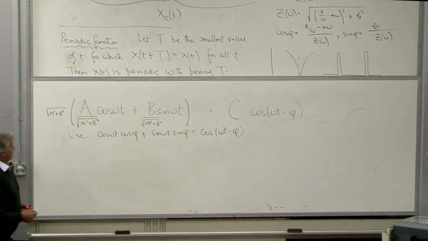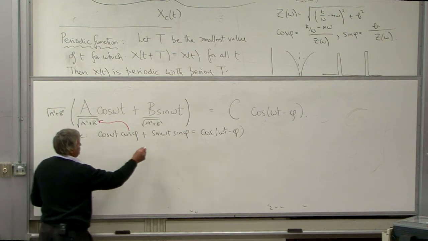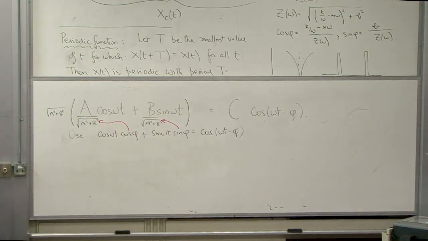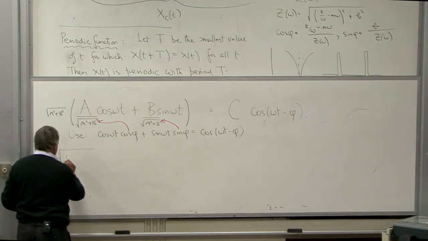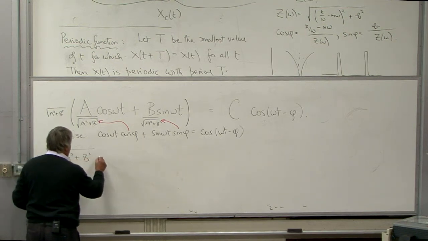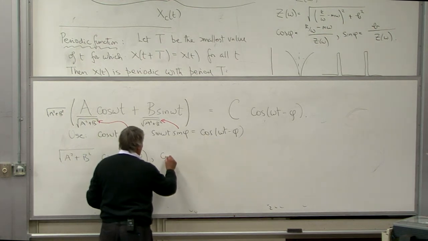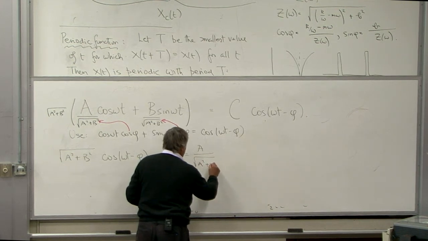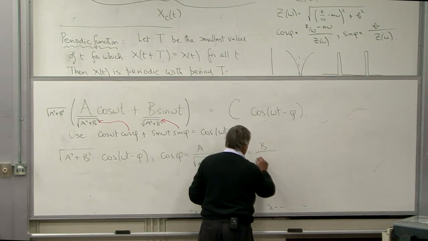If I do that, then certainly I can find a phi whose cosine is this and whose sine is this. So I can rewrite this expression as the square root of A squared plus B squared, cosine of (omega t minus phi), where cosine phi is A over this square root, and sine phi is B over this square root.